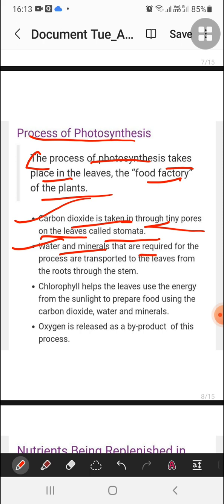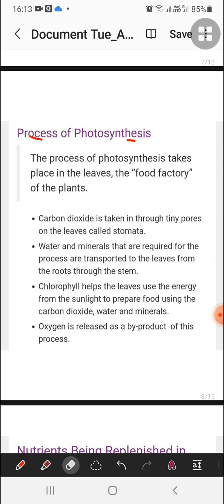Water and minerals required for the process are transported to the leaves from the roots through the stem. Chlorophyll helps the leaves use the energy from the sunlight to prepare food using the carbon dioxide, water and minerals. Last point, oxygen is released as a byproduct of this process.